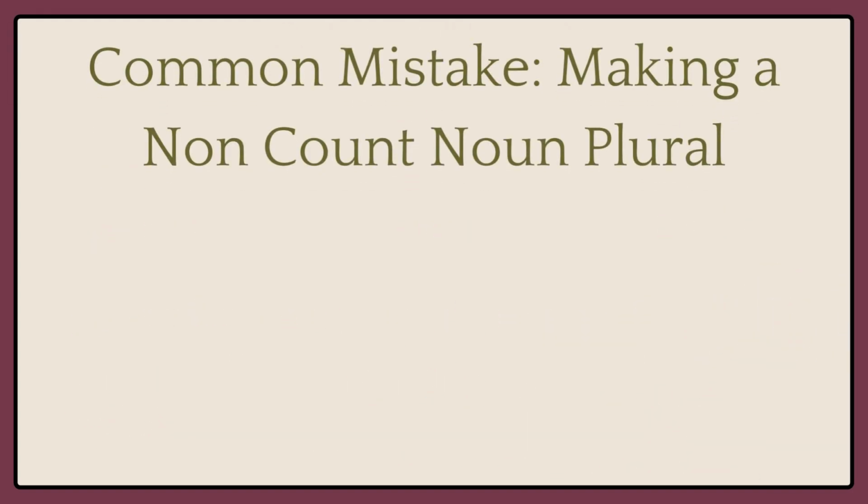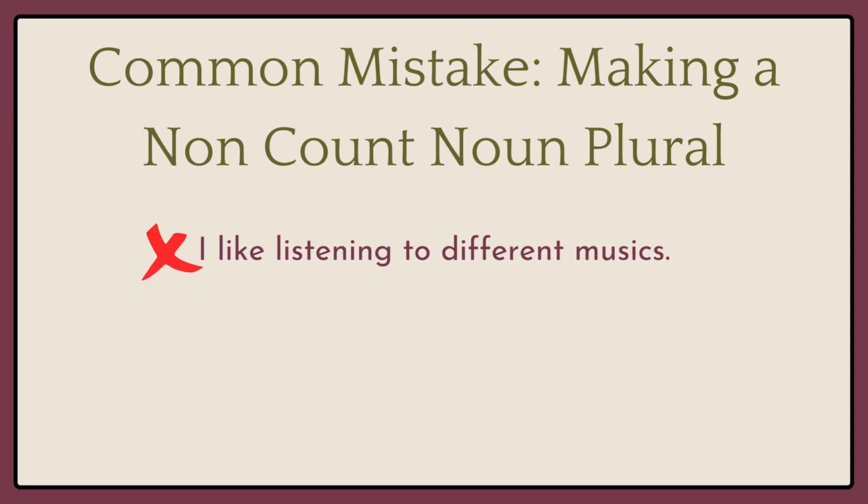Okay, let's go over some common mistakes that are made with count and non-count nouns. The first mistake is making a non-count noun plural. For example, I like listening to different musics. This is incorrect. Even though we're talking about more than one type of music, we would say, I like listening to different music.